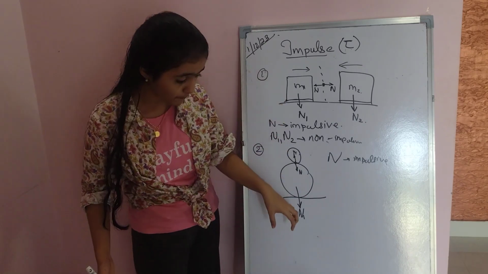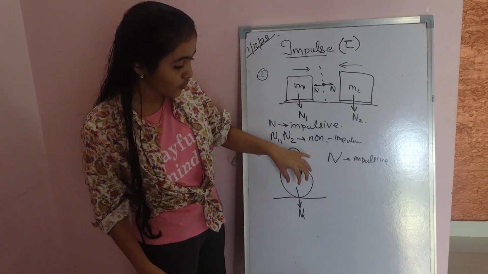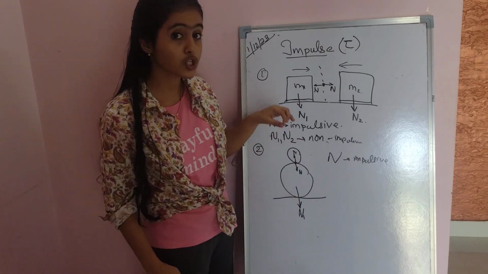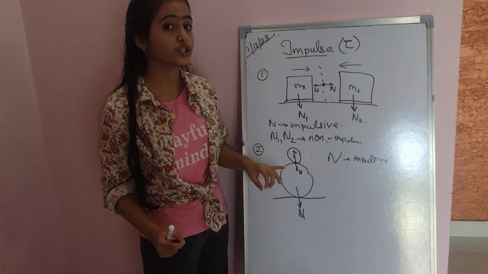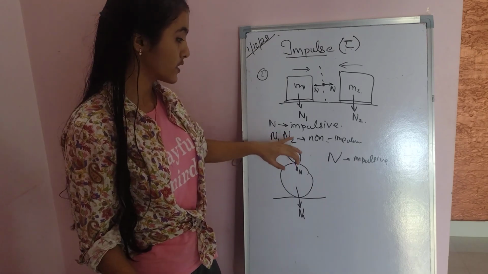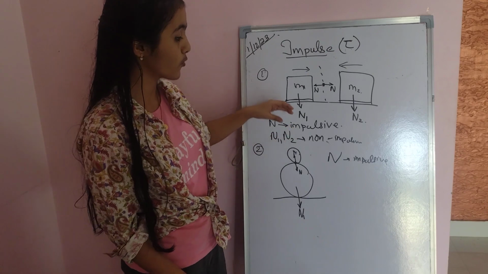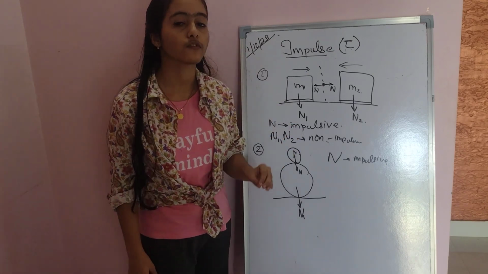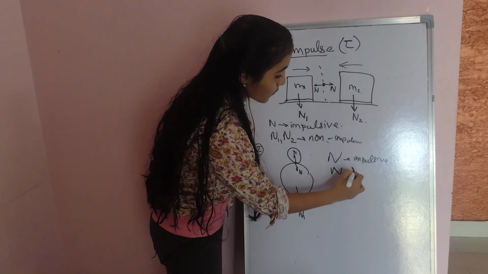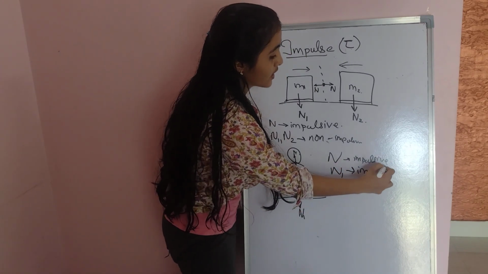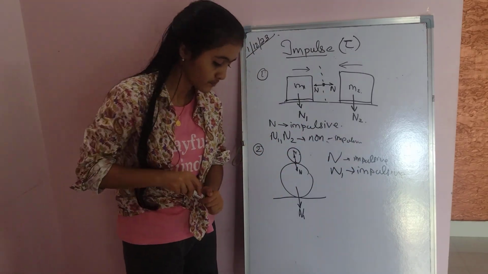When additional force is applied for a small duration of time, it becomes impulsive. Earlier, when this body was not there, N1 could be termed a non-impulsive force. But when the body is kept on top of it for a small duration of time, some force is acting there. Therefore, in this case, N1 is also impulsive.